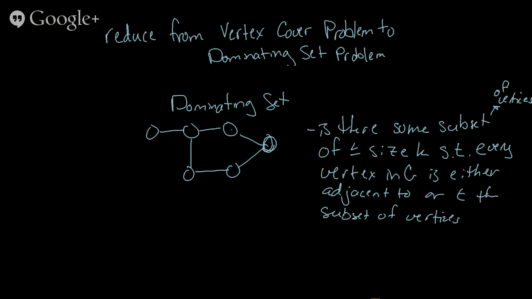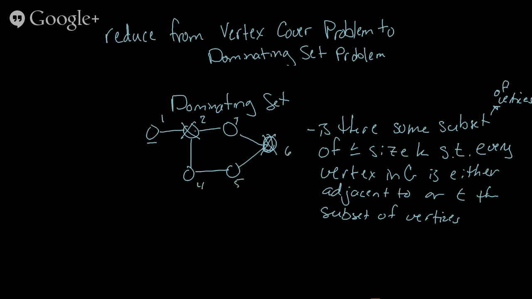If you did that on this graph, again, your greedy heuristic would say this one, and then you could do actually this one, and that would cover it. So here, we'll call this 1, 2, 3, 4, 5, 6.